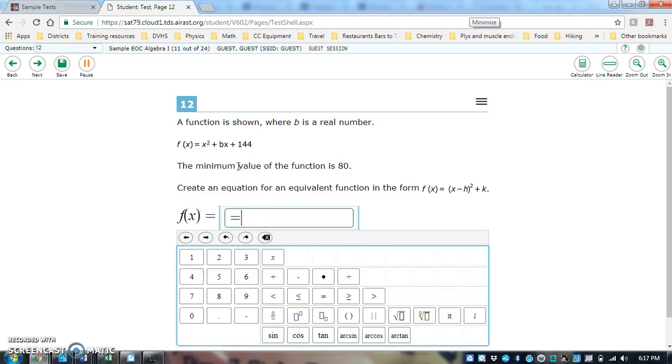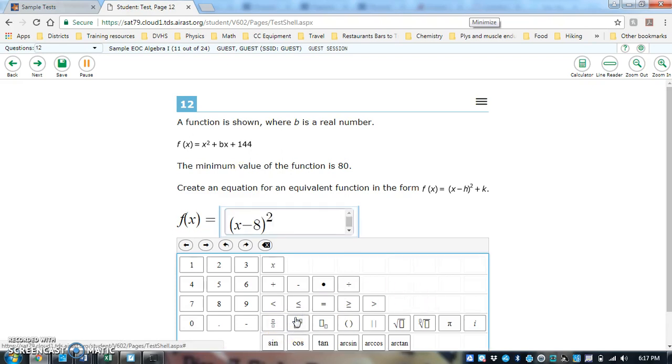So f of x would equal x minus 8 quantity squared plus 80. Now, algebraically, I could solve this problem. I know that when x is equal to 0, y is equal to 144.